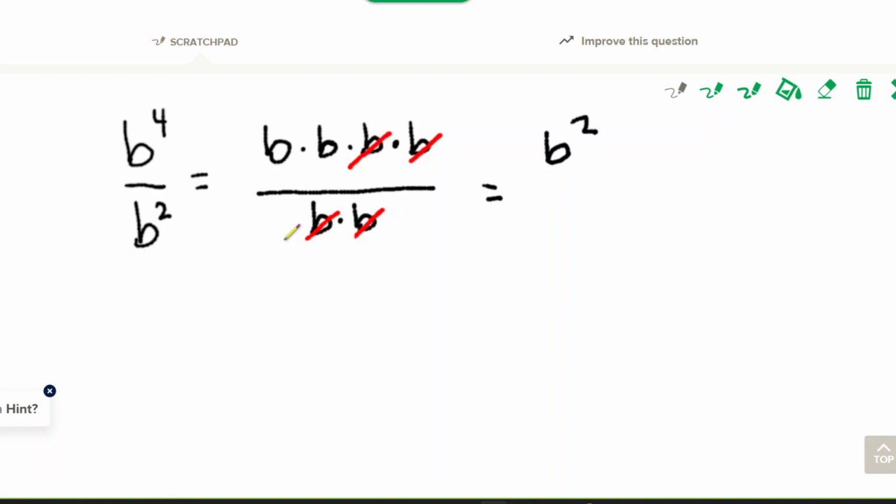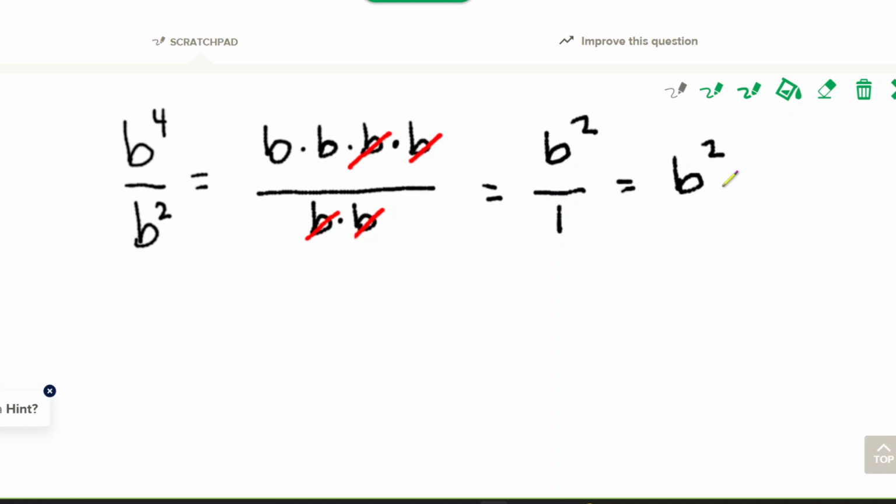And dividing by 1, you could write it, there's nothing wrong with that. But anything divided by 1 is itself. So b squared divided by 1 is just b squared. So this expression we started with, b to the fourth divided by b squared, simplifies to just b squared.